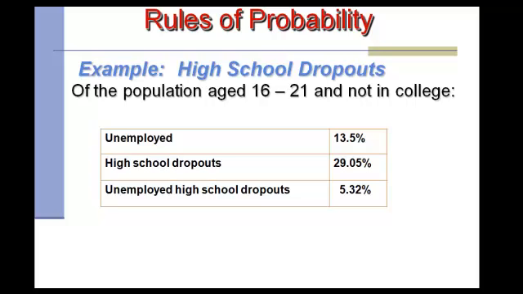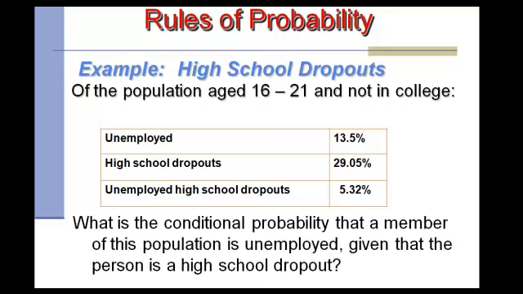So let's use an example here. Let's say we're talking about high school dropouts. Let's just say for this data that this represents the population aged 16 to 21 who are not attending college. Well, 13.5% are unemployed, 29.05% are high school dropouts, and 5.32% are unemployed high school dropouts. And this is of the population that is aged 16 to 21 and not in college.